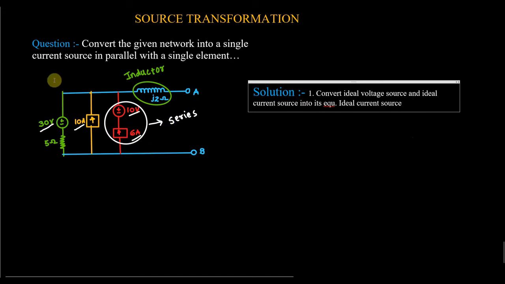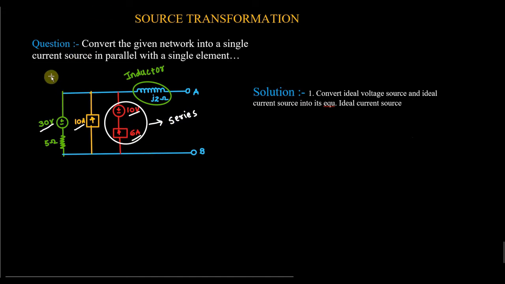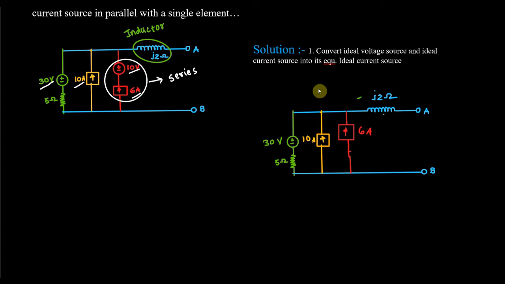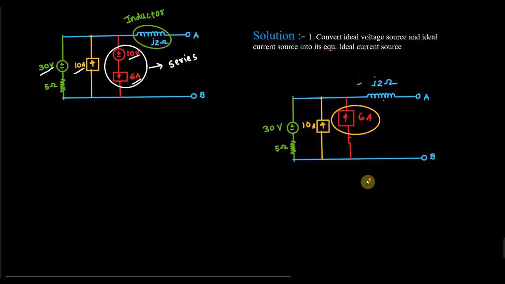So now this circuit will be modified. After converting, the answer comes out to be an ideal current source, which is shown in this network. This will be our step number one.